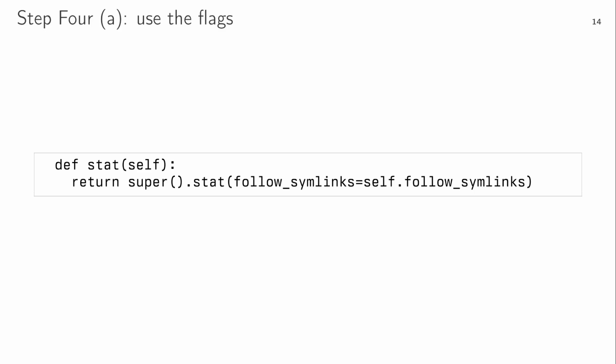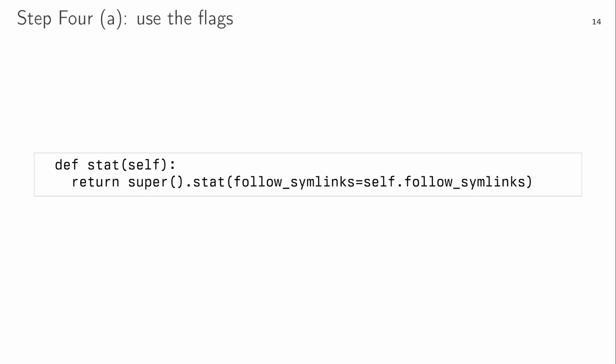One of the operations that pathlib does is a stat. A stat asks for information about a file or directory that you're pointing to. In my context implementation of stat, I can call the original by calling super.stat.